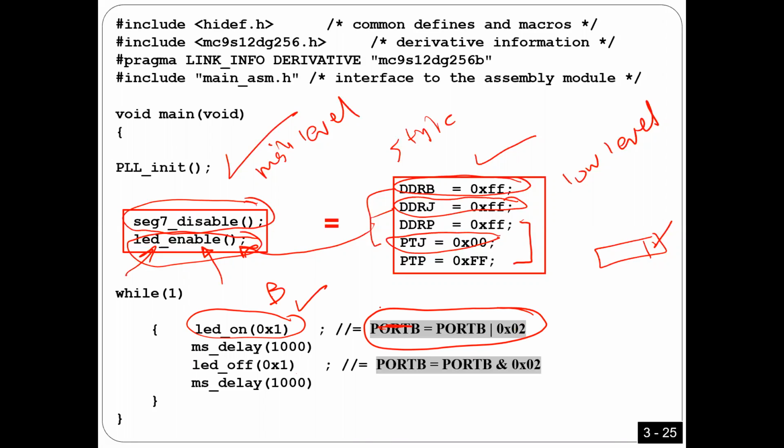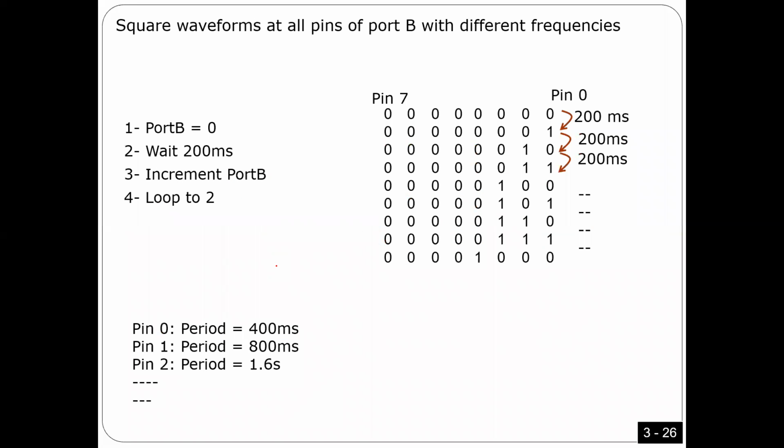So I can say PTT if it is port T, and that's what we're going to do right now. In one program, I can say BTT and so on. So this is more generic, but this function is only for LEDs, which is port B. Okay, guys. Any question?